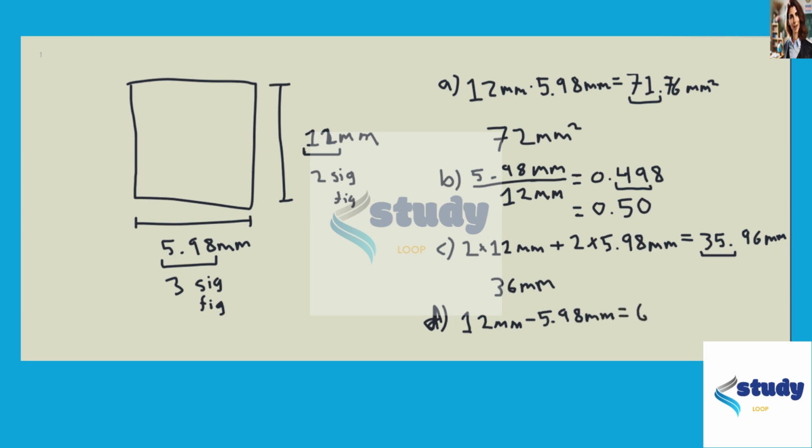This quantity gives us 6.02 millimeters. And again, in this case, you keep the lower significant figure, which is these two values. 2 is less than 5, so you round down. You just truncate to 6.0 millimeters.